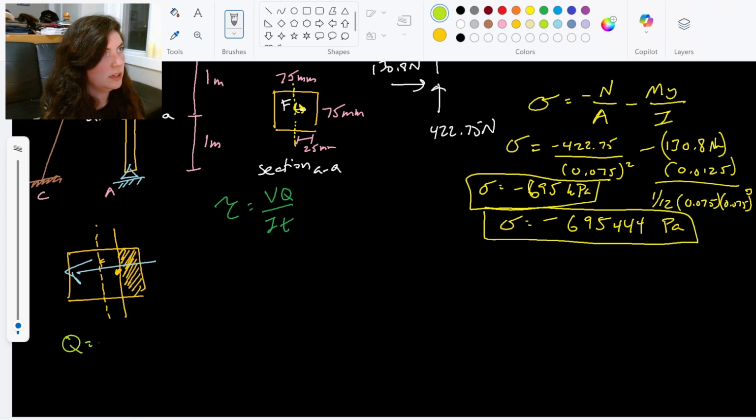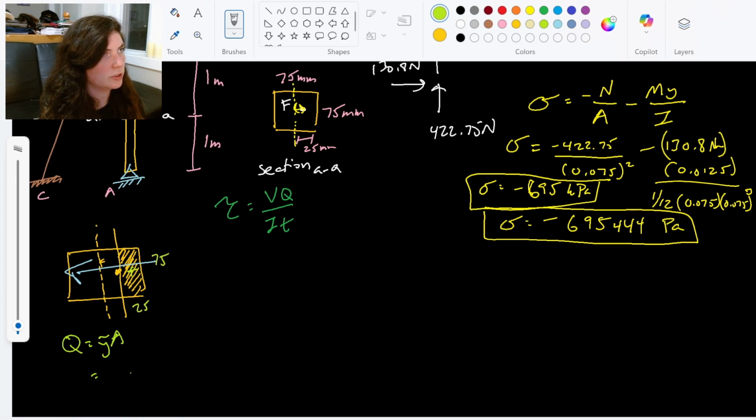So Q is the centroid of the shaded area, right? Area above the point, away from the centroid, times that area. So centroid of this area here is what I need to find, and I need to find the area of this area. So this is 25 by 75.